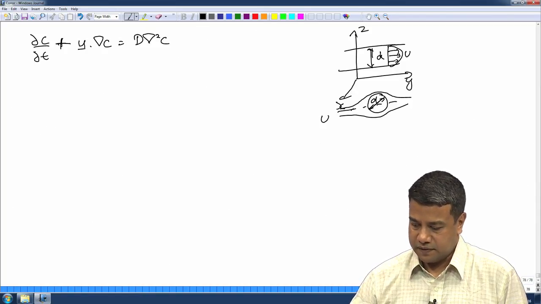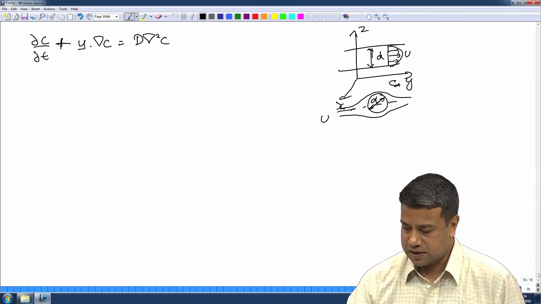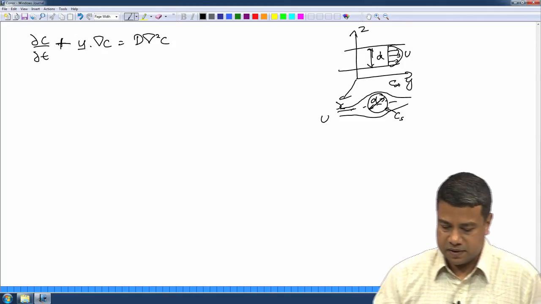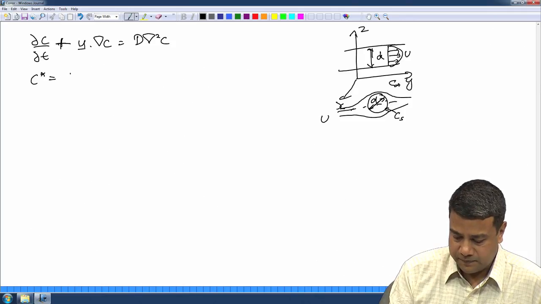And of course, if I have a mass transfer problem where I have concentration C infinity far away and on the surface I have a concentration Cs, as we have been doing in other such situations in these problems, one can write down a scaled concentration.